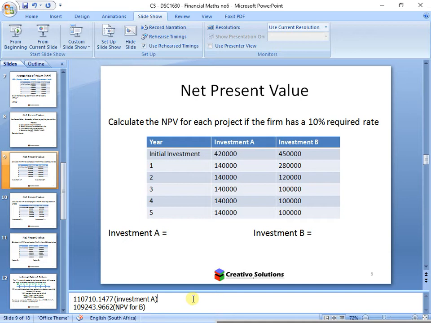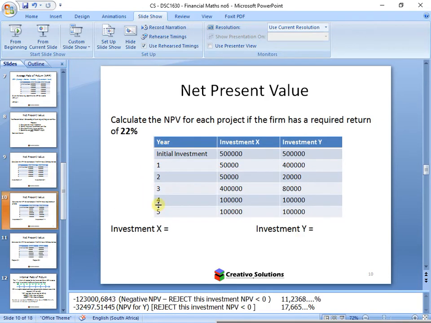Good. Right, great. That's all you really need to take away from this week: can I use the financial calculator's NPV and IRR functions.